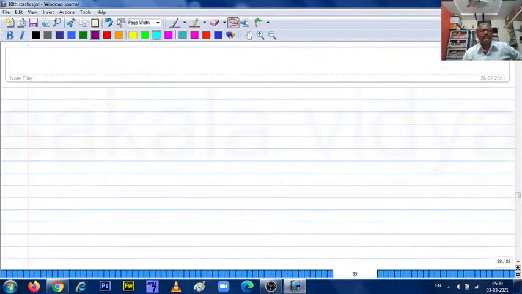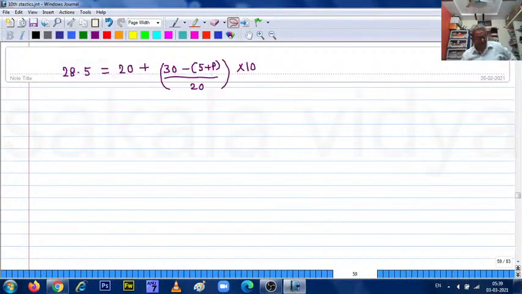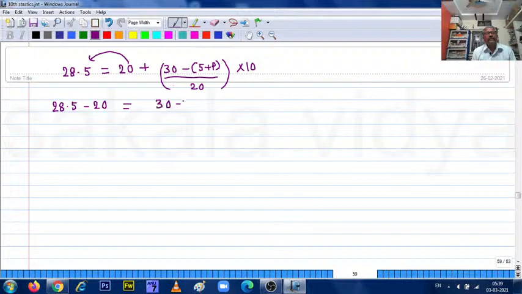Let us take this 20 to this side. 28.5 minus 20 equals 30 minus 5 minus P upon 20 into 10.